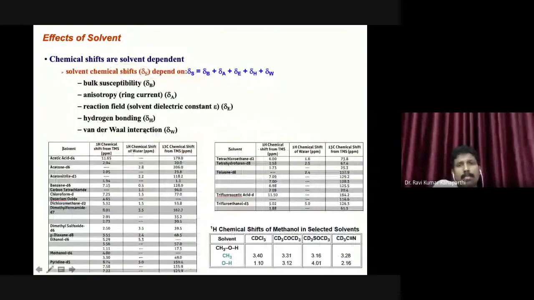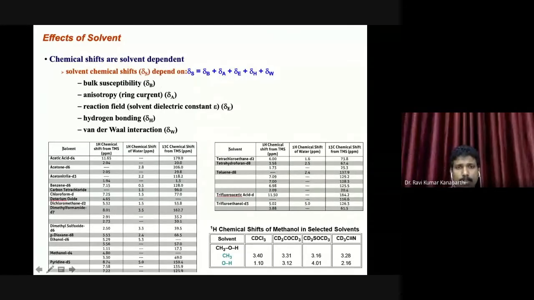Okay, now there are ways that you can estimate precisely how much chemical shift change one can expect when going from one solvent to the other. That depends upon these parameters: the bulk susceptibility, which is shown with the delta B, right?